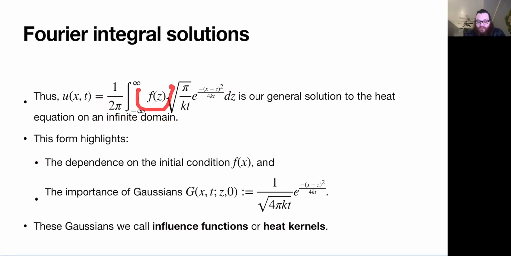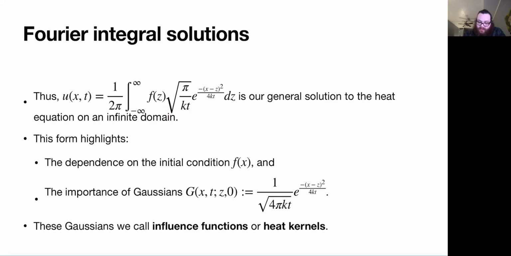Change your initial condition here, and we know exactly how it's going to affect the solution: it changes what this integral is, but we can get it in a not bad way. Likewise, the other thing to note is that these Gaussians we've been mentioning and working with play a fairly fundamental role in this representation.